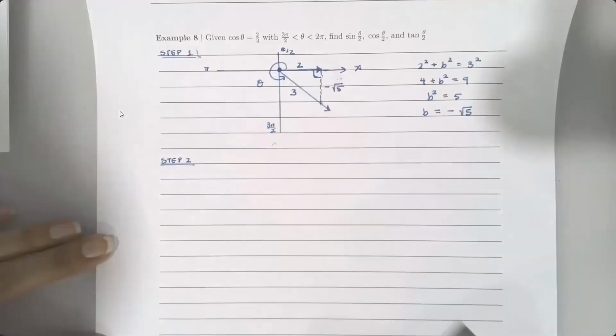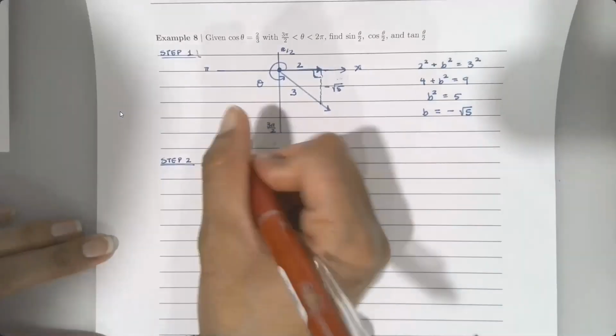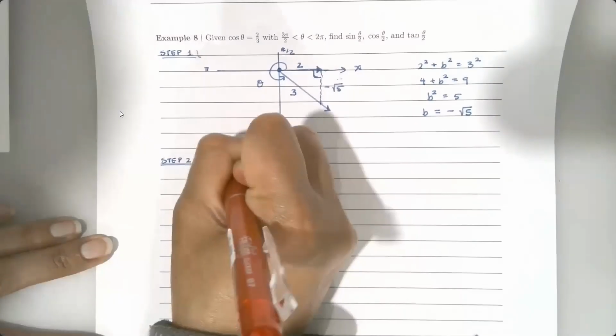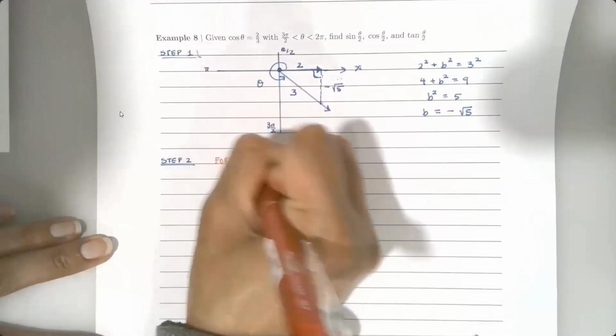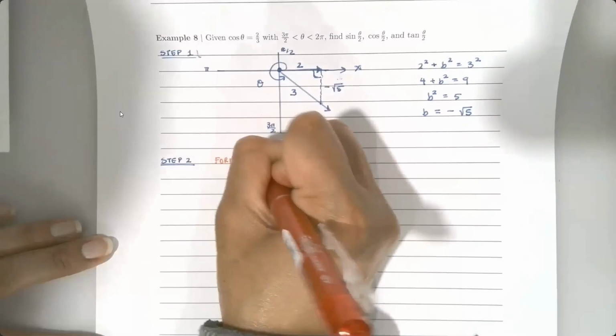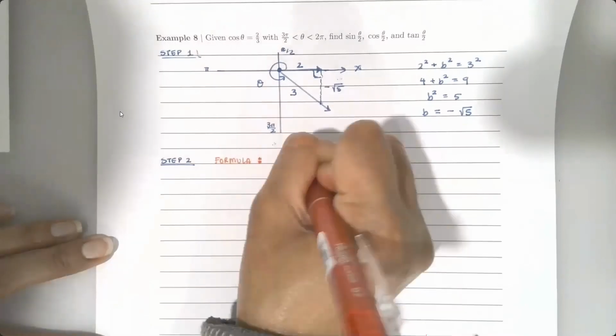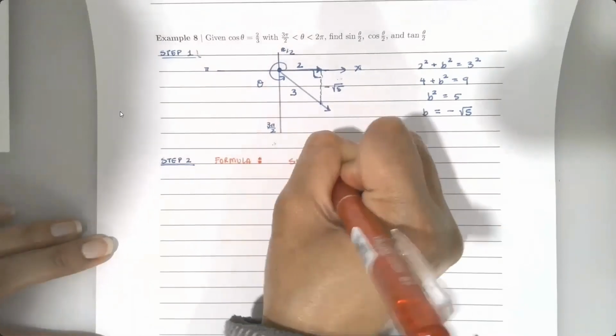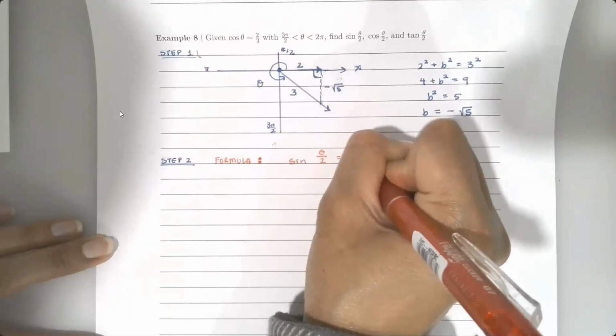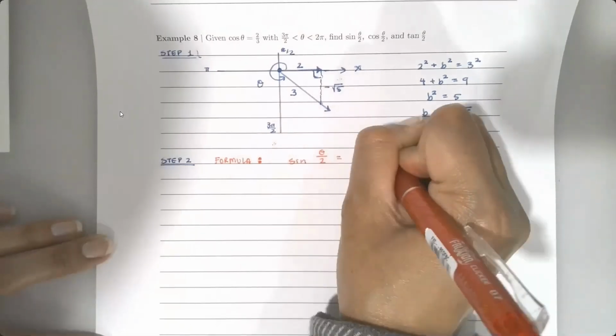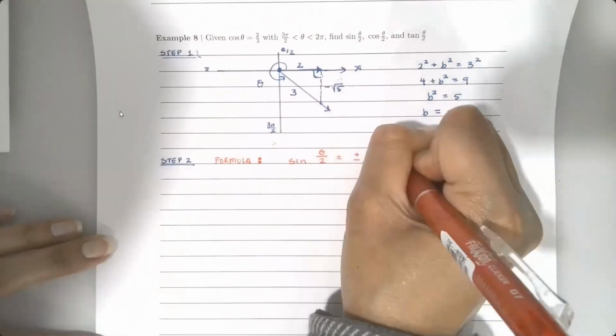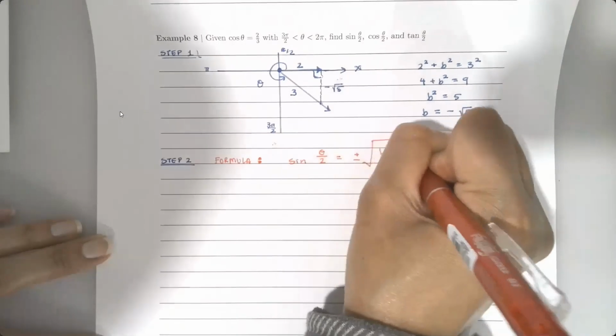And so that's what we're going to use here. Formula: sine of theta over 2 is equal to plus or minus square root of 1 minus cosine theta over 2.